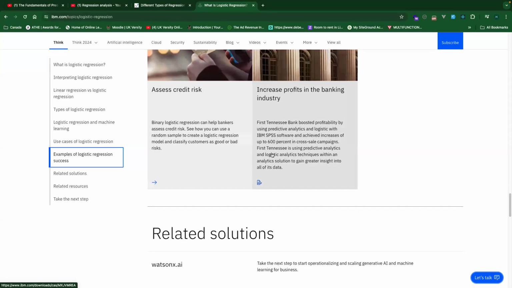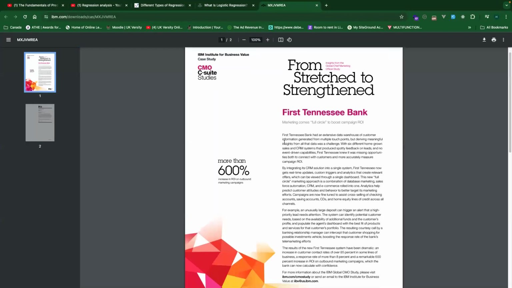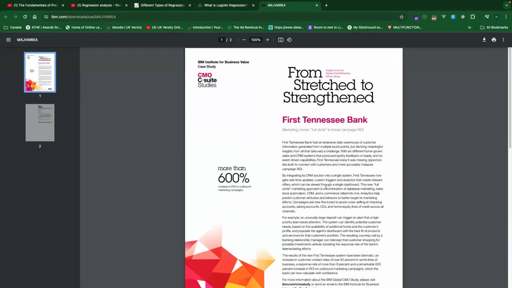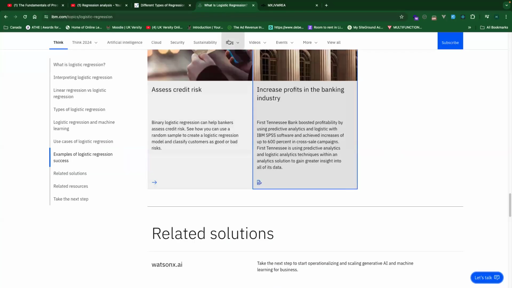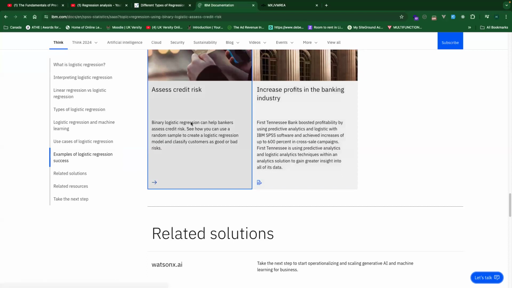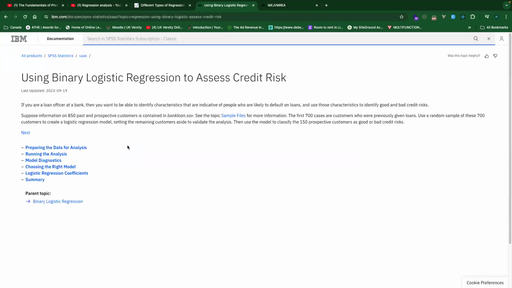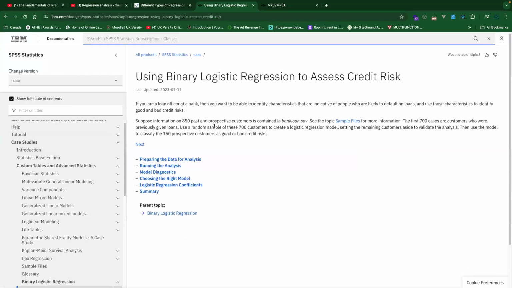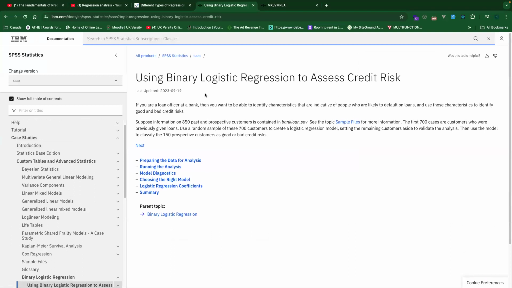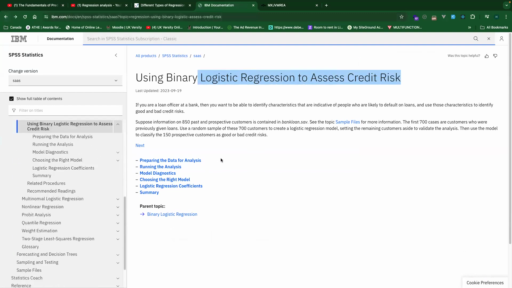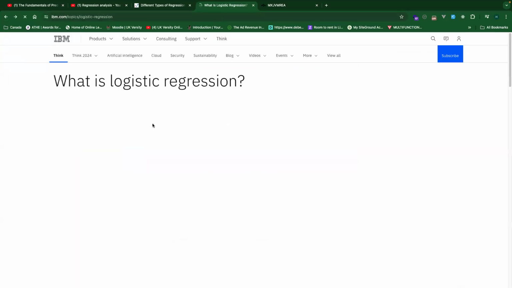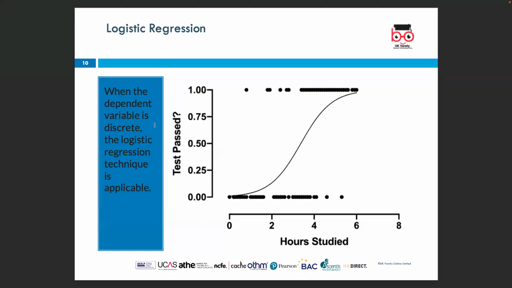You can open this as a PDF to see in detail how this company uses logistic regression. This also shows using binary logistic regression to assess credit risk. So that's another good example of that.